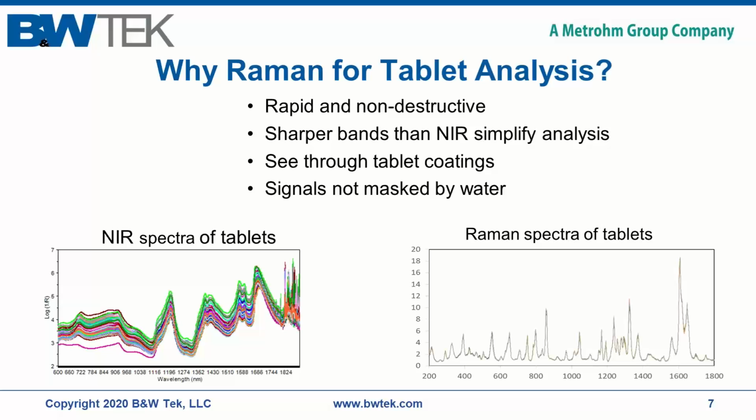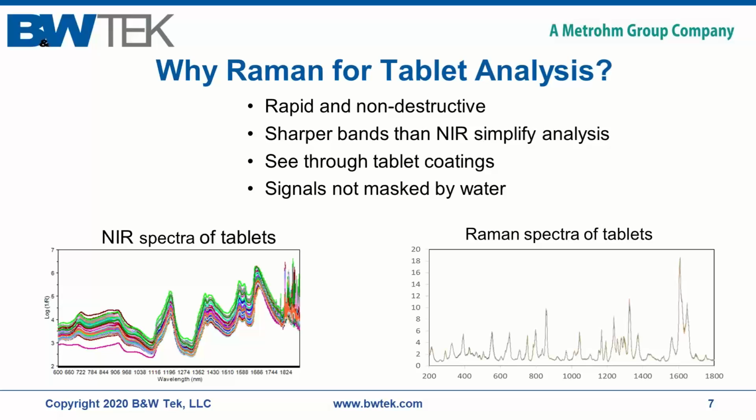So we use Raman for tablet analysis because it is rapid and non-destructive, and it gives us sharp, distinct peaks. It's a highly selective methodology. What I have shown here are the near-IR spectra of tablets. Near-infrared has been used for tablet analysis for over a decade, whereas Raman is newer in tablet analysis, and transmission Raman is coming to the forefront now.